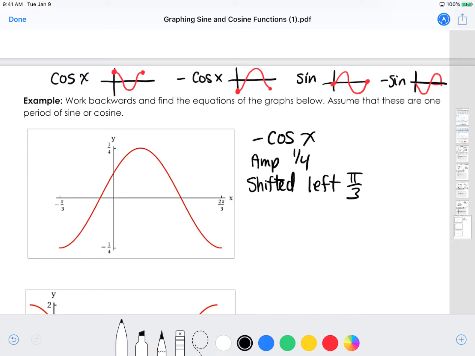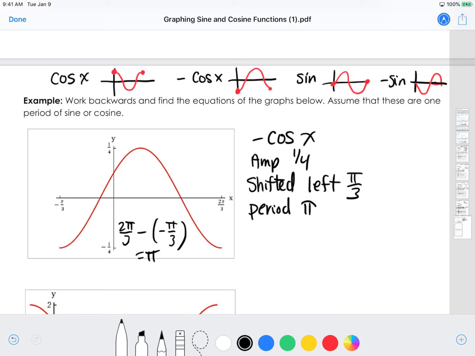The last thing we need to look for is the period of the translated function. So from minus pi over 3 to 2 pi over 3, that's a length of pi. And if you can't do that in your head, you can just take the ending point and subtract the first point to find the length, right? So I would take 2 pi over 3 and subtract a negative pi over 3, and that would give me a length of pi.